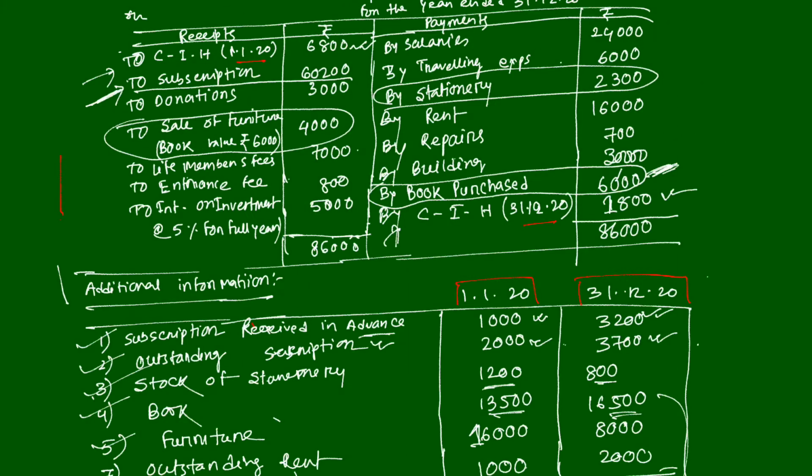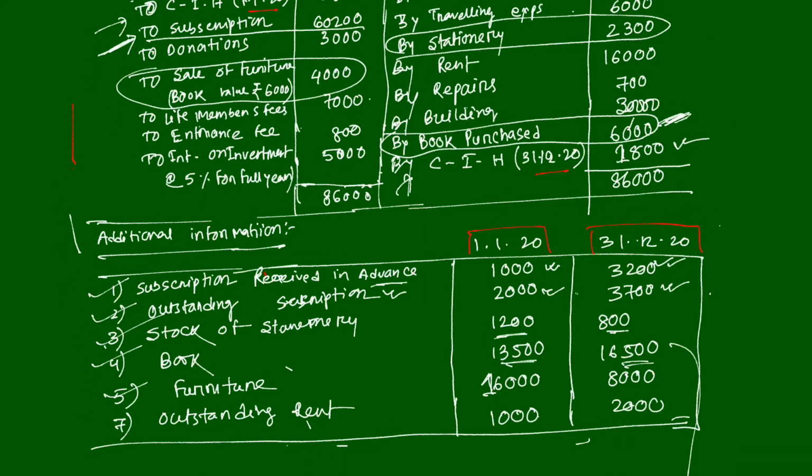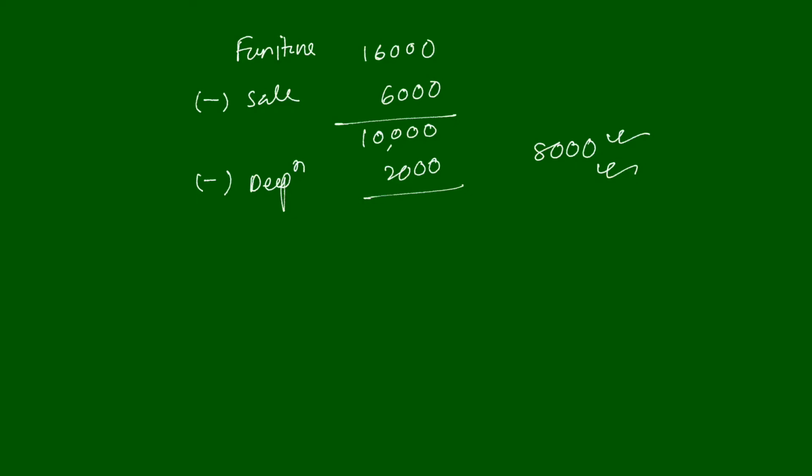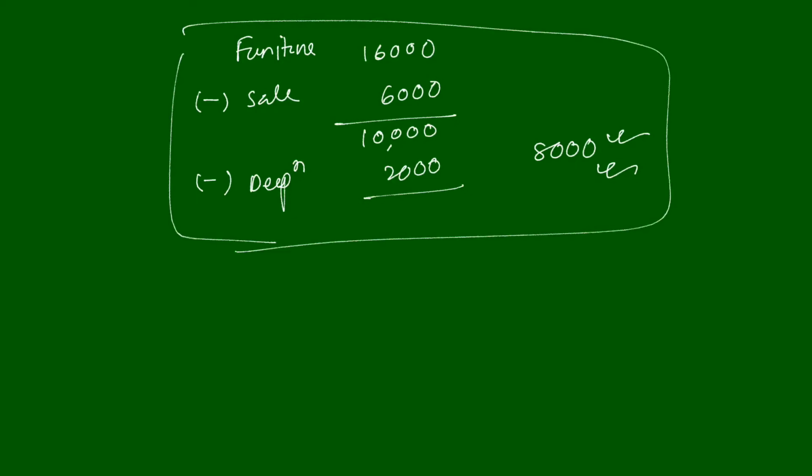If you see carefully in your question, furniture 16,000 is your opening and 8,000 is your additional information. 8,000 is your closing, and sale is 6,000. Here it is written 6,000. So you write that thing. Whenever you write that value, you must calculate like this, okay.